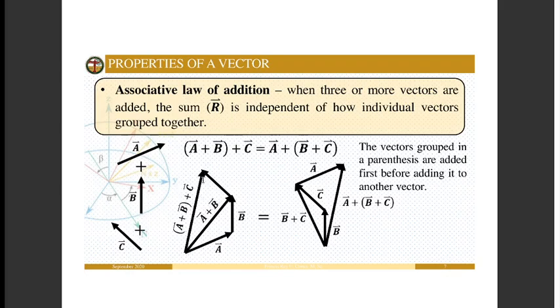So, this is the total, or the vector sum of the 3 vectors A, B, and C.